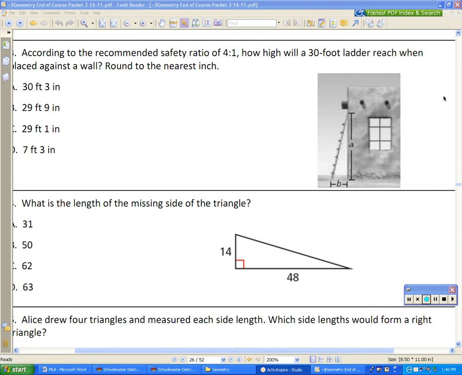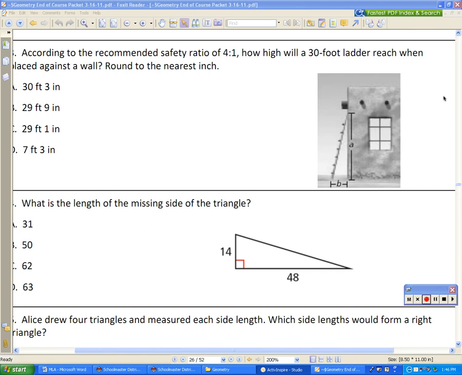All right. Okay, next one. According to the recommended safety ratio of 4 to 1, how high will a 30-foot ladder reach when placed against the wall? What are they talking about? Safety ratio of 4 to 1. Anybody have any idea?